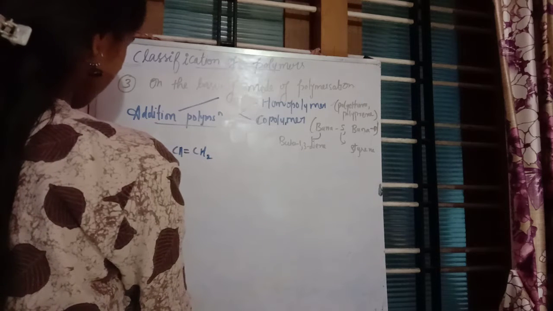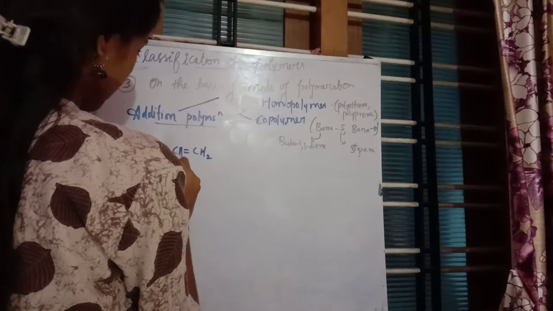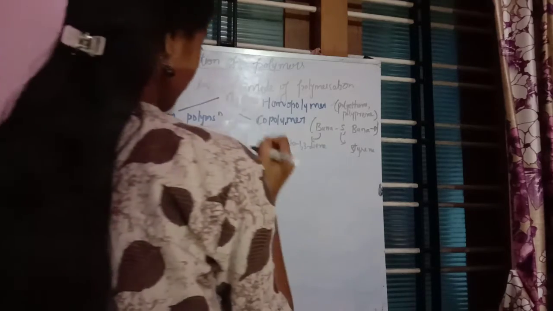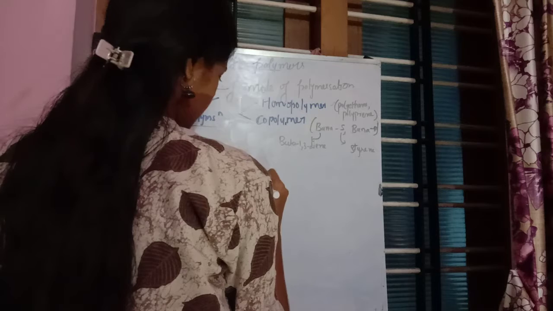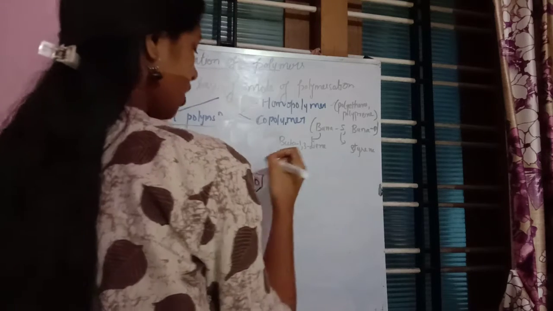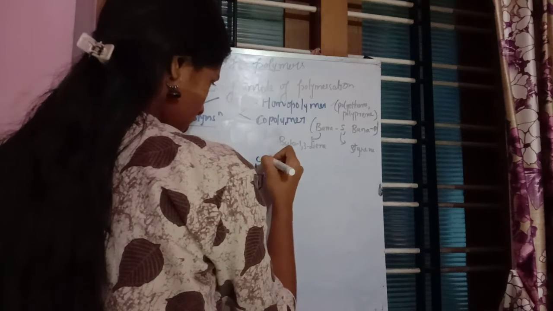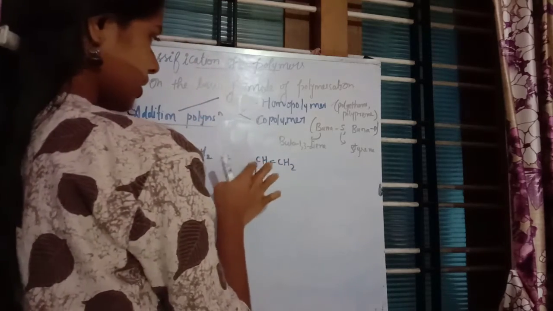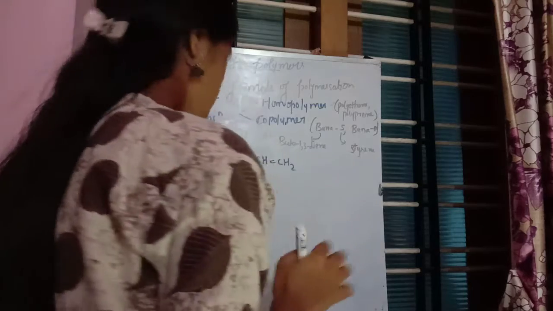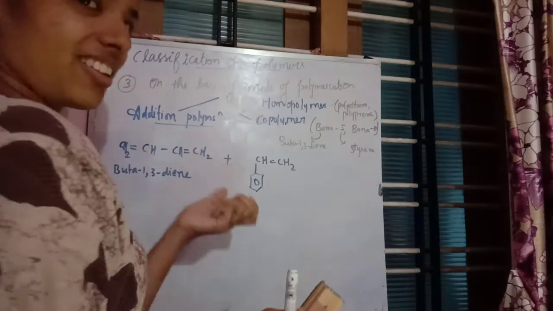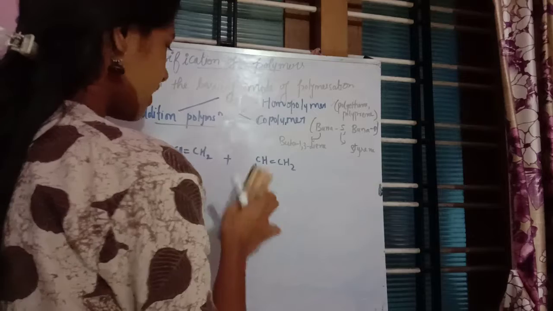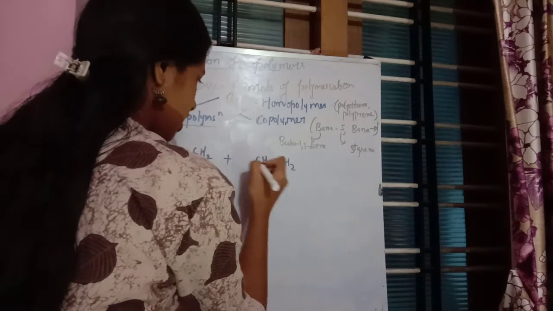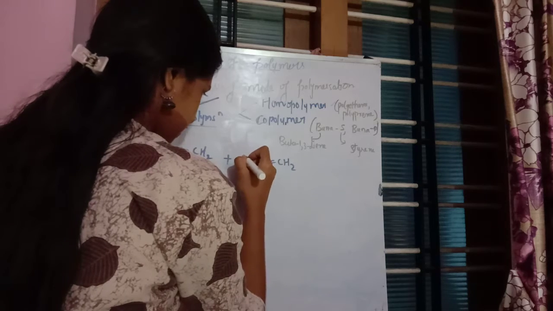This is buta-1,3-diene monomer plus styrene monomer. I can write styrene as a benzene ring. In this benzene ring put CH double bond CH2. This is styrene. Okay, CH2 double bond CH and here the benzene ring. That is styrene. Fine. Now in the NCERT they have not shown this ring. They have written it as C6H5.